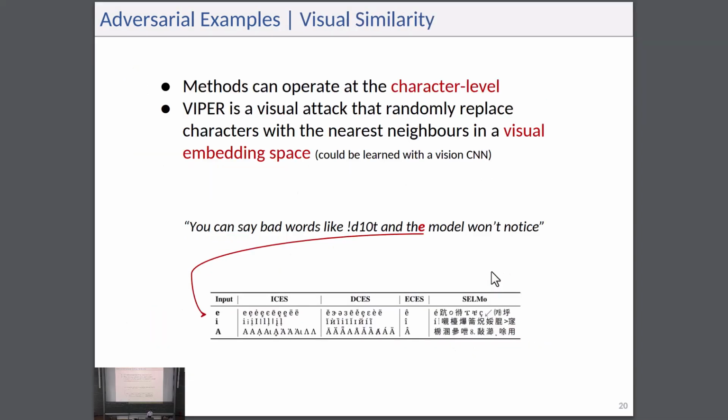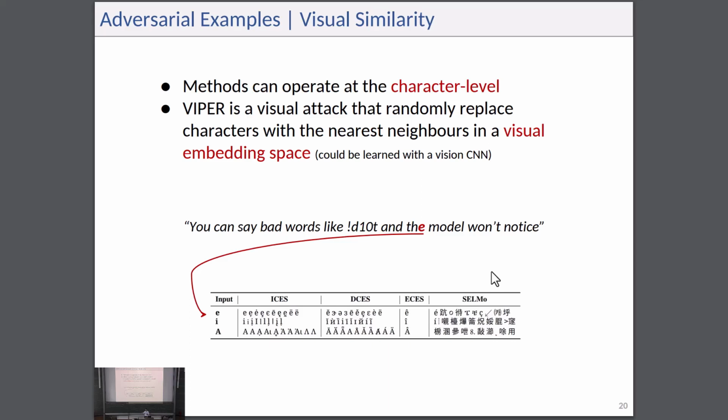So, as we said, of course, what operates at the character level is way more based on visual similarity. But what you have to understand is that visual similarity is something that only we as humans perceive. Like, for us, E and E with an accent are similar, but for the model, like a character, they're two completely different characters.